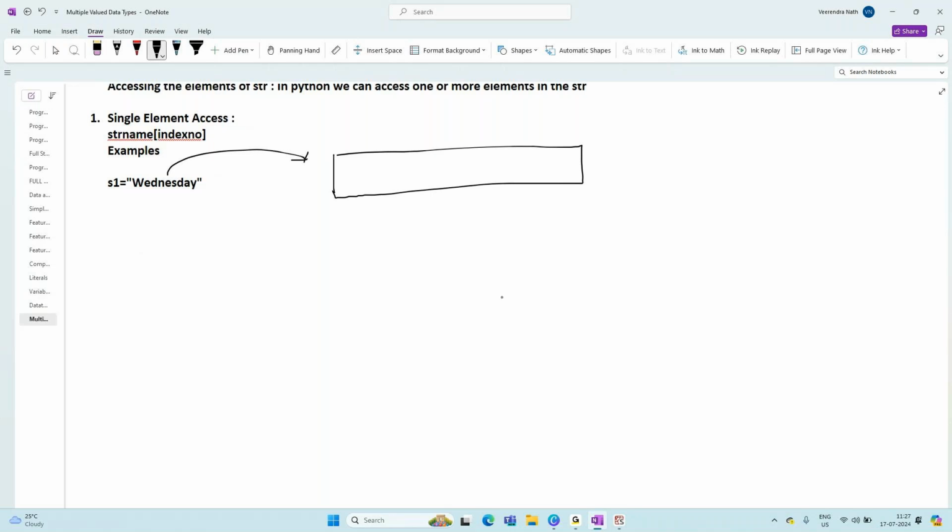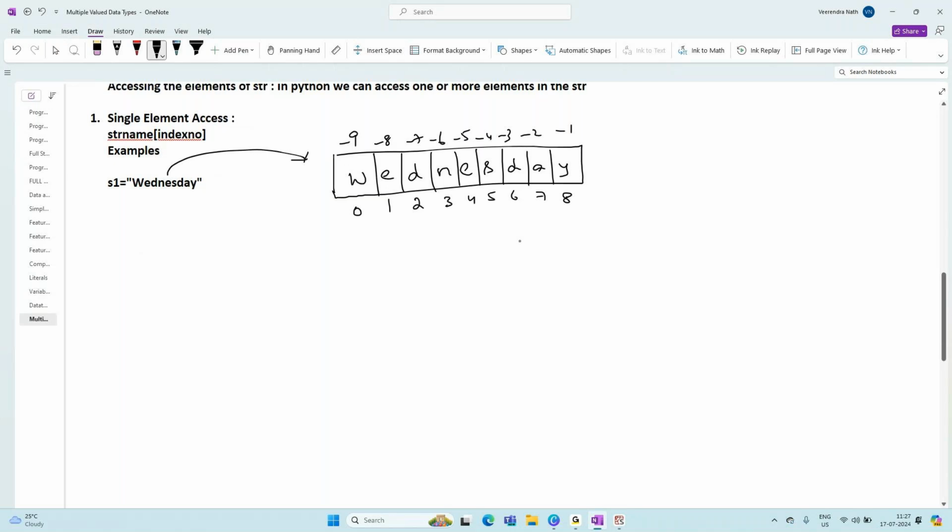On a piece of paper, you will write WEDNESDAY, then 0, 1, 2, 3, 4, 5, 6, 7, 8, then minus 1, minus 2, minus 3, minus 4, minus 5, minus 6, minus 7, minus 8, and minus 9. Is that clear? Yes or no?